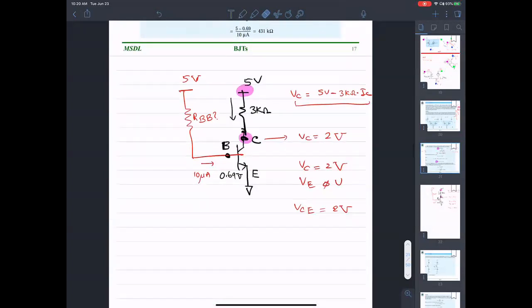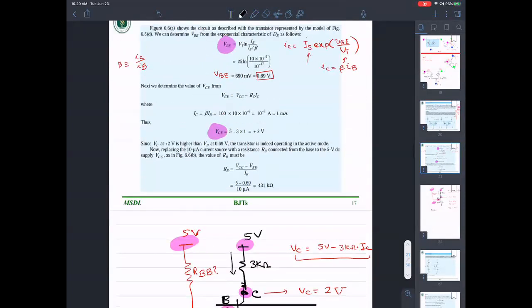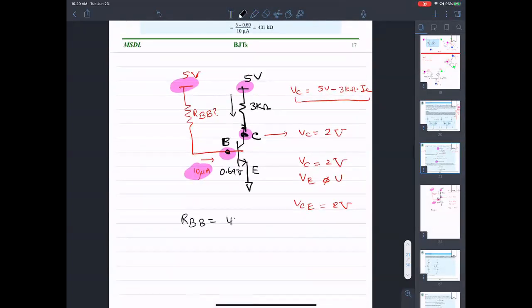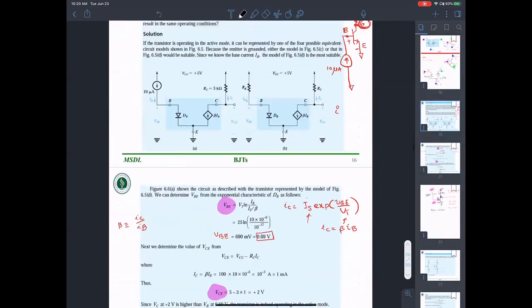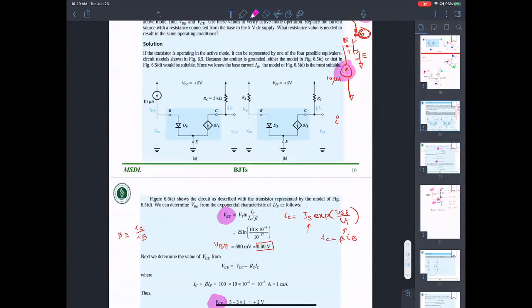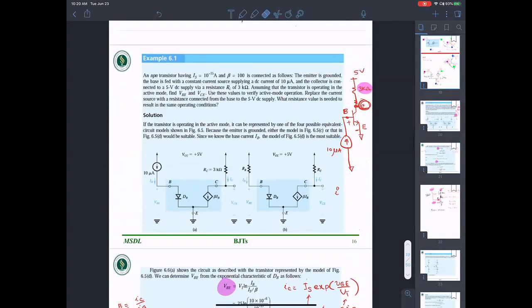You know the voltage on one side of the resistance, you know the voltage on the other side, and the current flowing through is 10 microamperes. So you should be able to find the value of RB, which comes out to be 431. That's the value of the resistance that you need if you wanted to replace the current source here. So that's one problem.